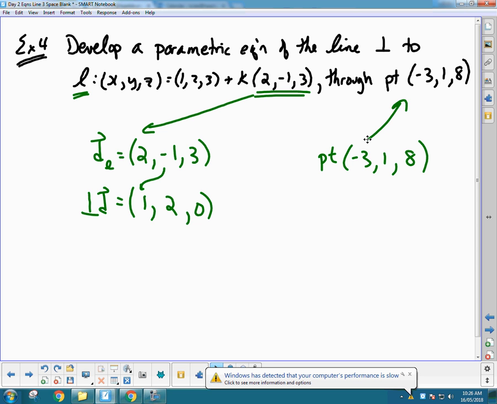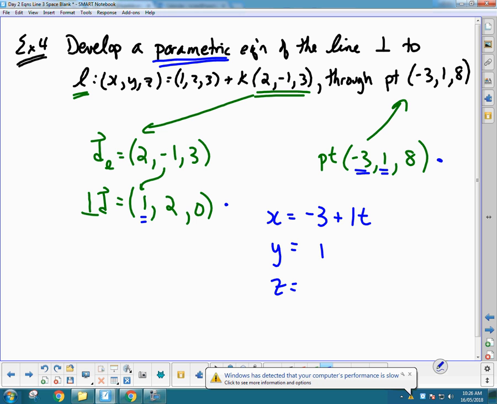Now I've got the two things I need, a direction vector and a point, so I can take those and put it in the proper form. This is asking for the parametric, so that's my x, y, z. The x comes from the x there, plus a scalar multiple of the direction vector, so -3 plus 1t.